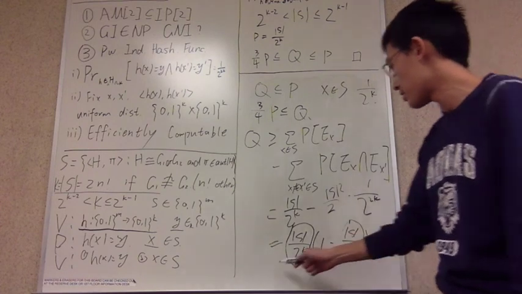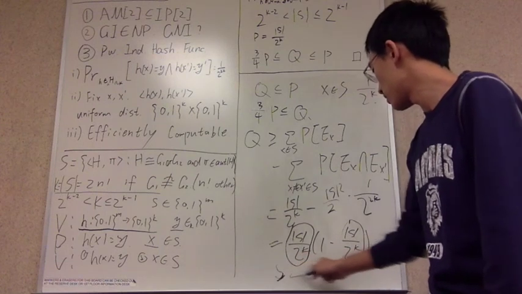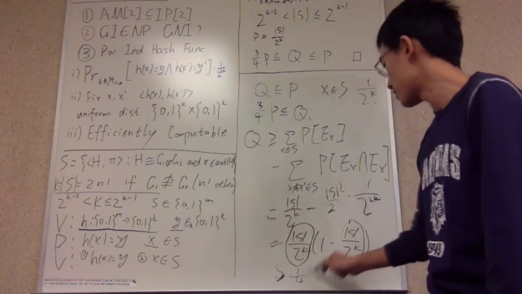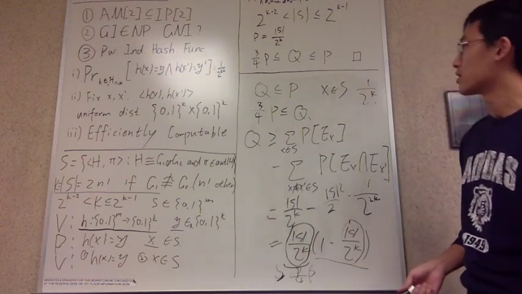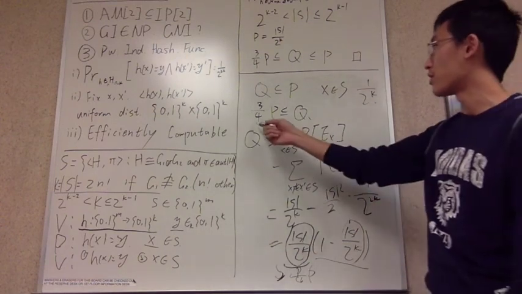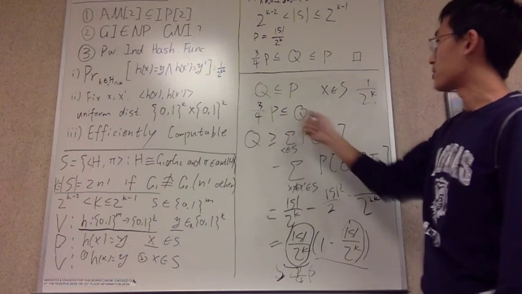So the whole thing is bigger than 3/4 times P. So we have finished the proof that 3/4 P is smaller than Q.